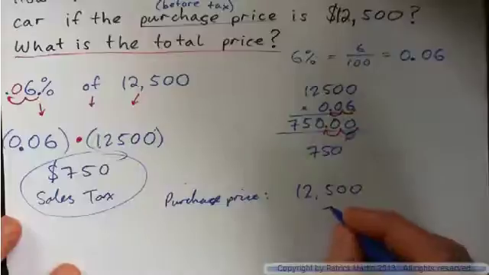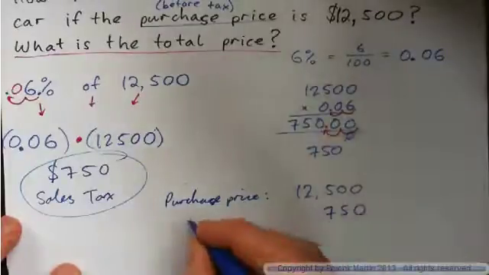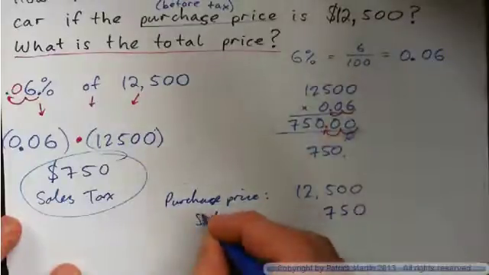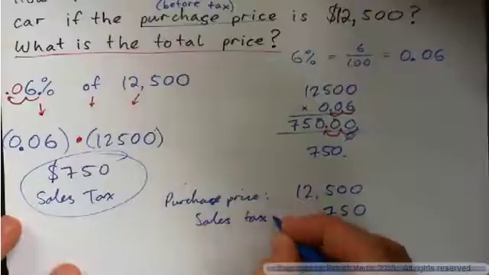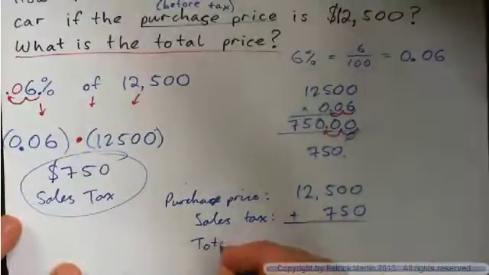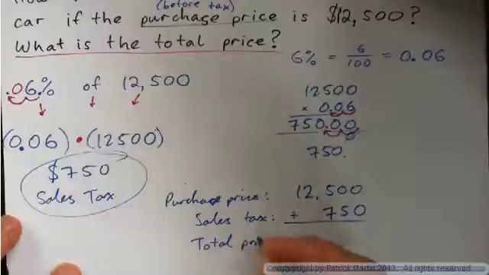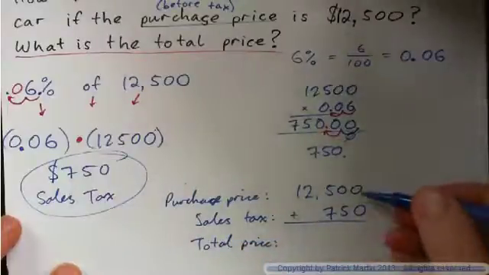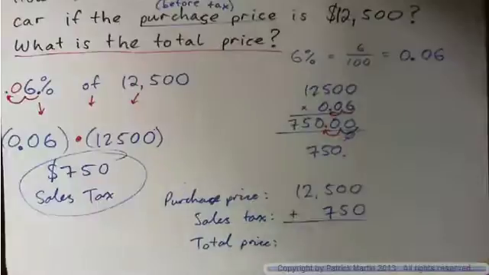Then we take the sales tax of $750, and we add them together, and that will give us the total price. Okay? So we take the purchase price, add the sales tax, and that's the total price.